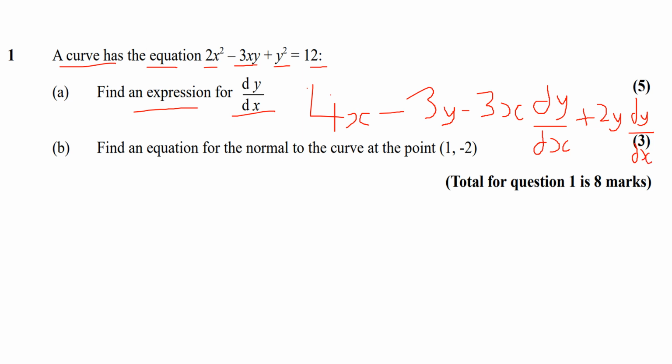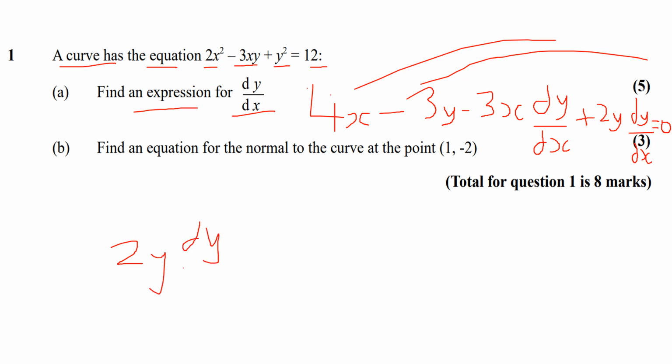I'm now going to rearrange this equation, so I've got all my dy by dx terms on one side and all my non-dy by dx terms on the other side. So I'm going to add 3y and subtract 4x. I'm going to have 2y dy by dx, subtract 3x dy by dx.